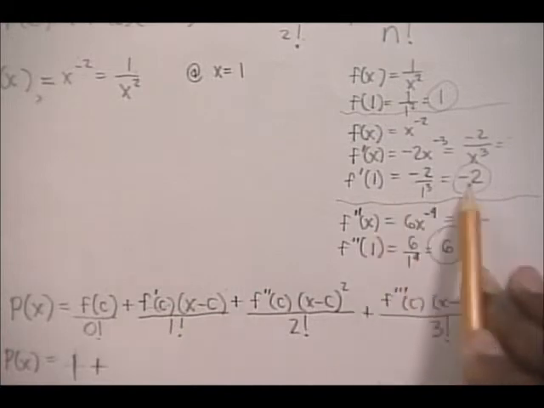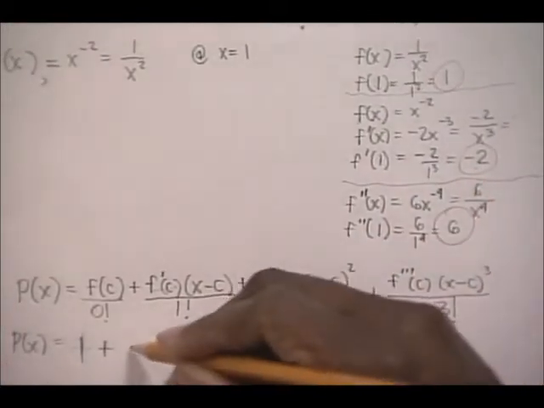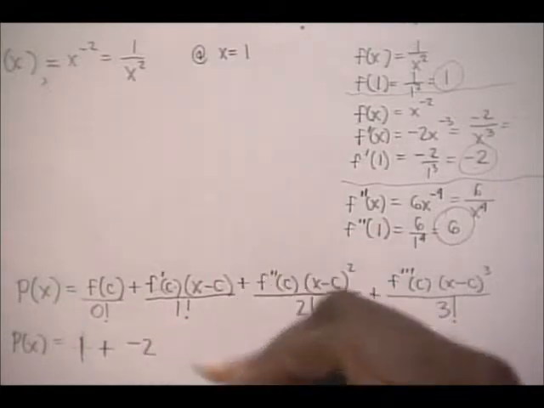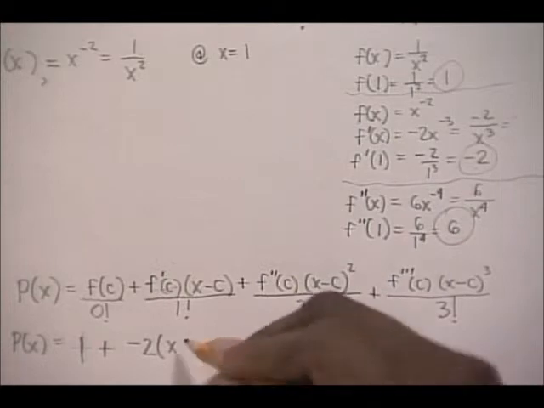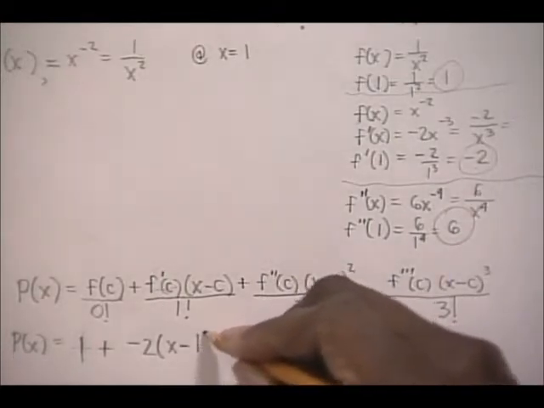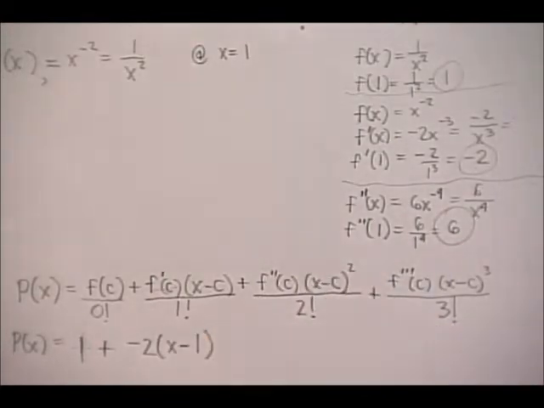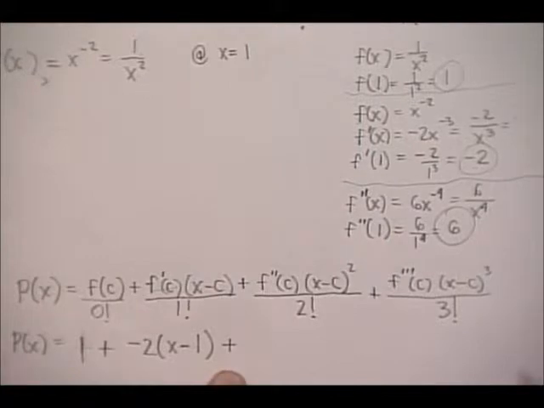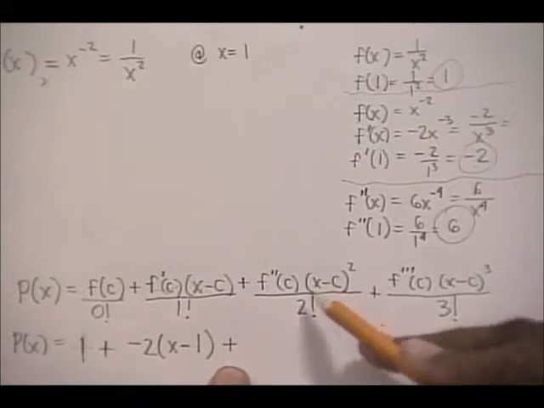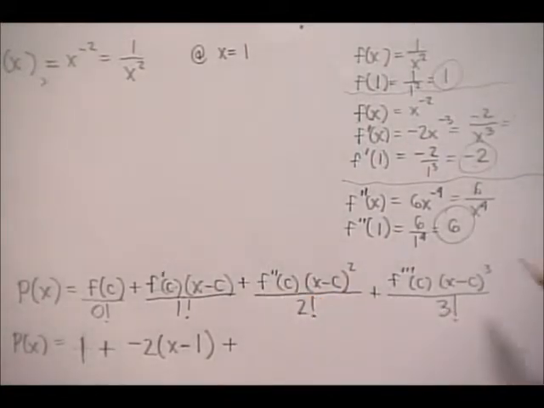We figured that out already. That was negative 2. So we have negative 2 times x minus c, c was 1 for us, over 1 factorial, which is just 1. So we have plus the second derivative evaluated at c. Well, we did that already.